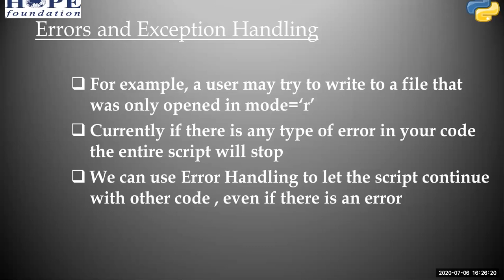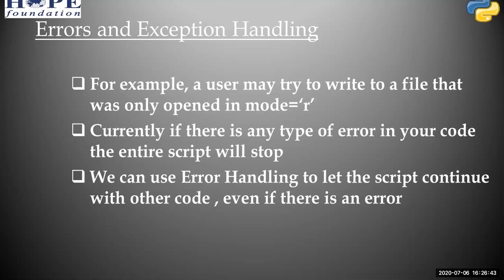Here the user tries to write their file by using R mode. R is for read only, right? So if they try to write a file, we have to use W. So this is an error, right?